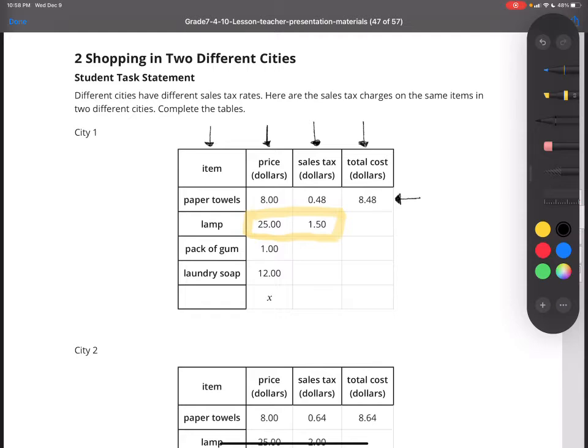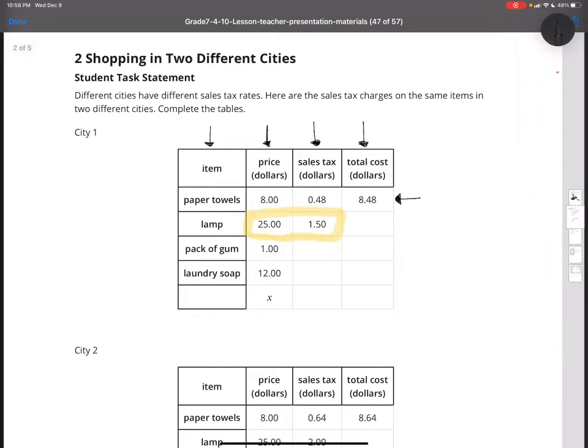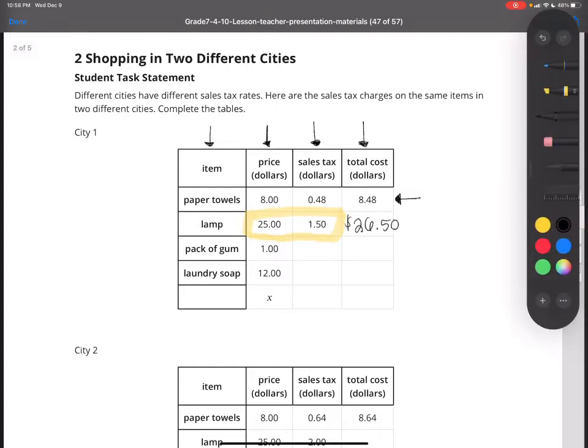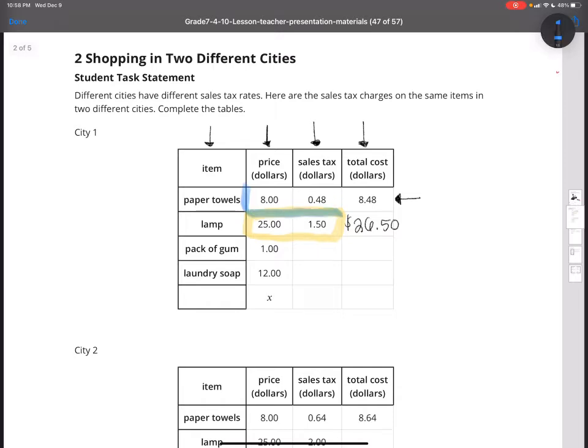So 25 plus $1.50 is going to be $26.50 total. But I need to figure out, and I'm going to highlight in a different color, what's the relationship between these two numbers?